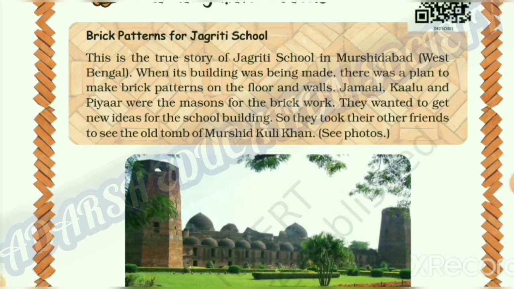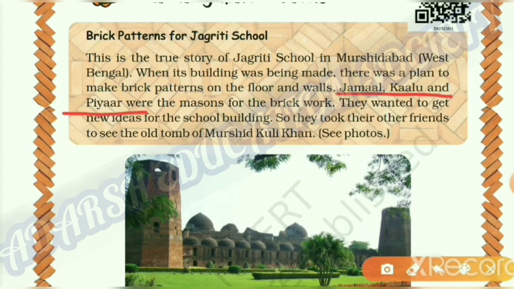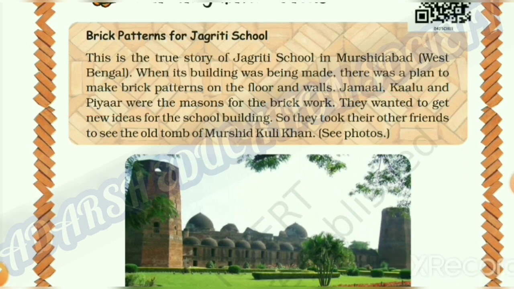They had three masons named Jamal, Kalu and Pierre. Right? All three of them needed new ideas to build a school building. So they went with their other friends to see the old tomb of Murshid Quli Khan.